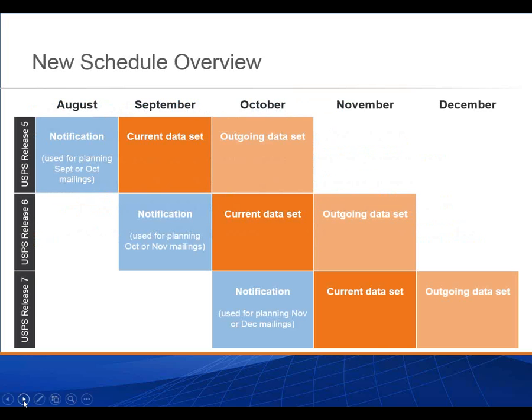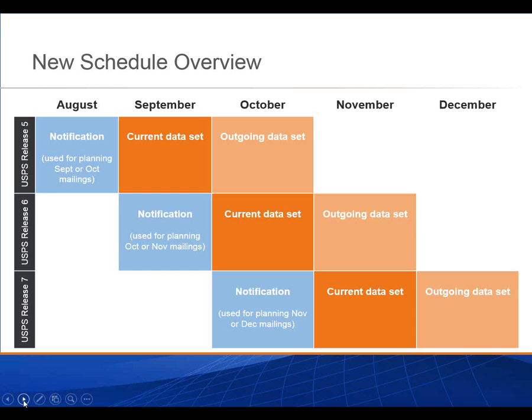Some of this might be hard to get your head wrapped around, so I believe this is a very good way of showing it in a little bit more visual way of what's going to be going on. Let's take a look at what happens when we get to the month of October, because now in the month of October, we're going to have 3 different data sets in play.